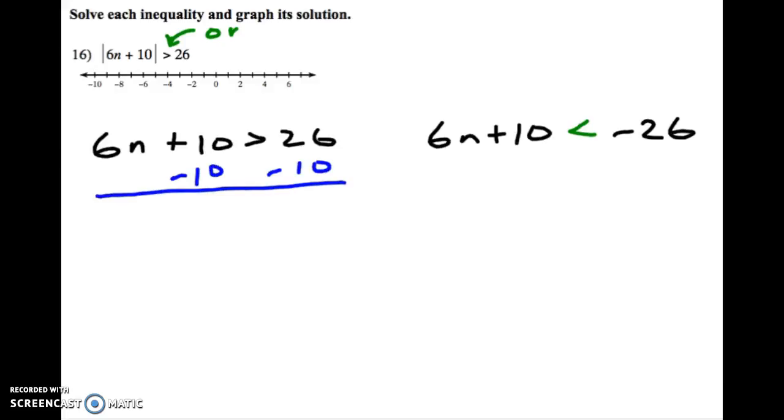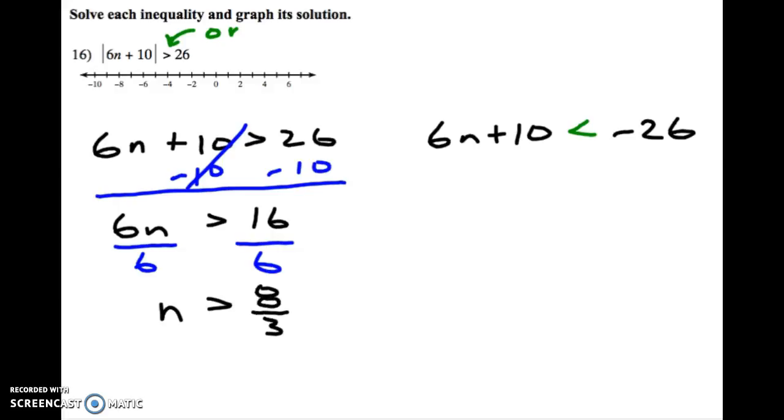Subtract the 10. We're going to divide by 6. If we simplify this, 16 over 6 should give us 8/3. Or if we'd rather, since we have to graph this on the number line, this would be 2 and 2/3.